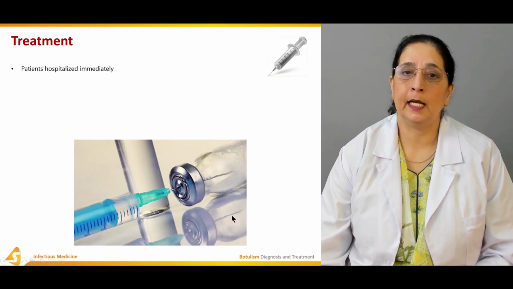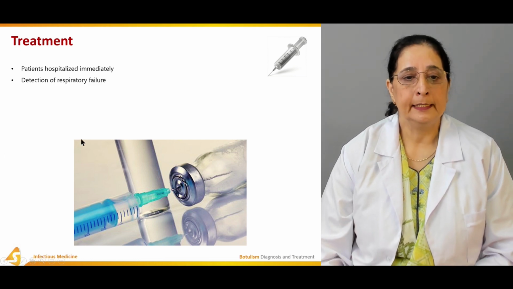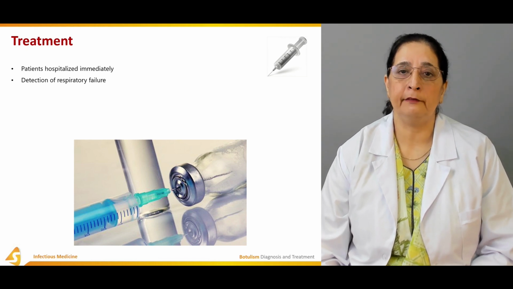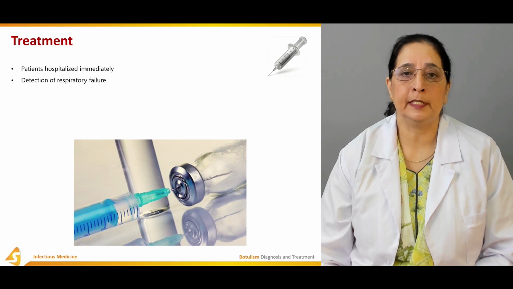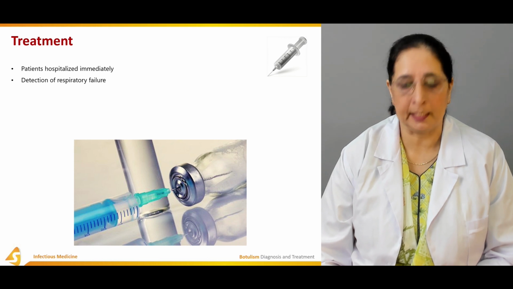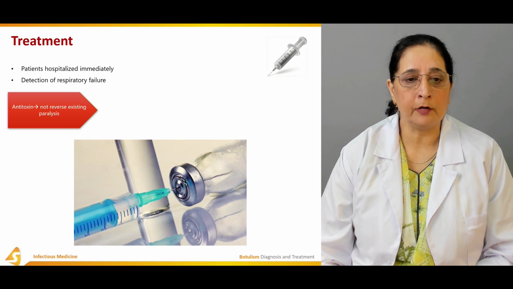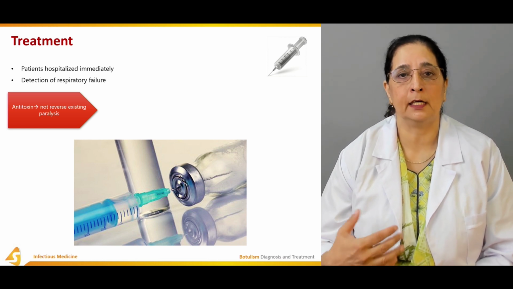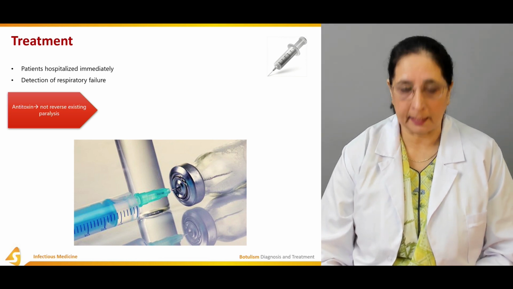Patients are hospitalized immediately with botulism, with detection of respiratory failure, which is a very, very common manifestation of botulism. So hospitalization for respiratory management is very important. Antitoxin does not reverse existing paralysis. So whatever damage occurs is not reversed by the antitoxin therapy.